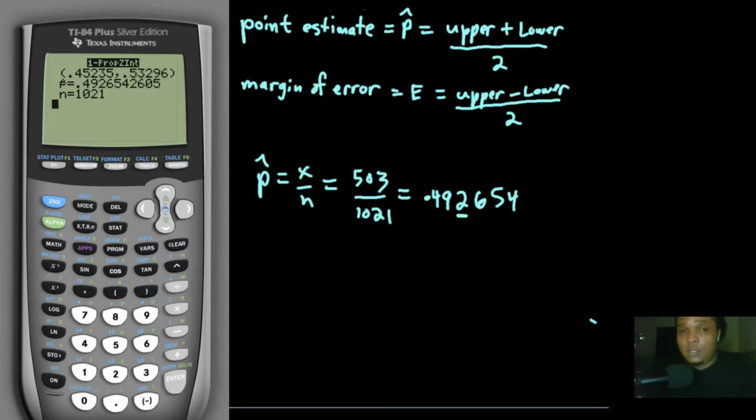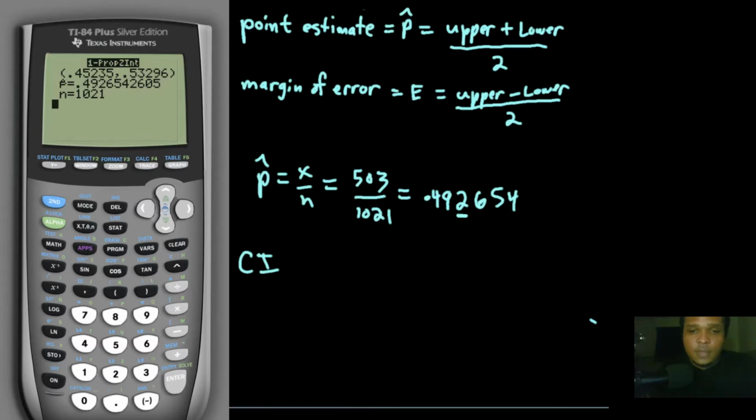Now, this is your confidence interval. We're going to need this later probably, but we want to figure out what the margin of error is. So remember, I'm going to put CI here, and that stands for confidence interval.